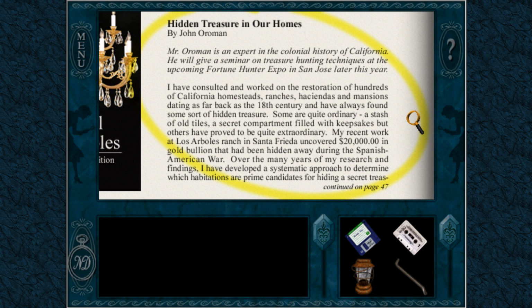My recent work at Los Arbos Ranch in Santa Frida uncovered $20,000 in gold bullion, that had been hidden away during the Spanish-American War. Over the many years of my research and findings, I have developed a systematic approach to determine which habitations are prime candidates for hiding a secret treasure.